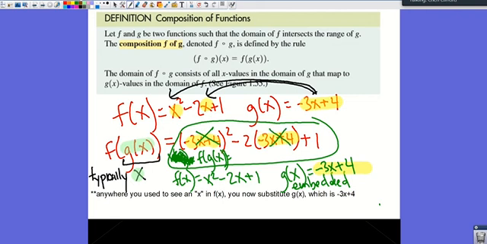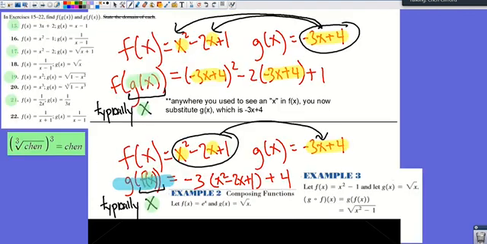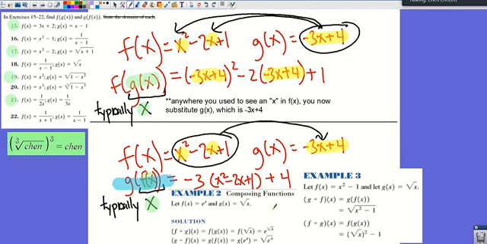All right, so let's use that same logic here, for example with this second problem.